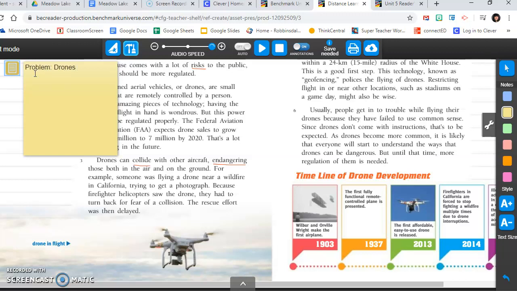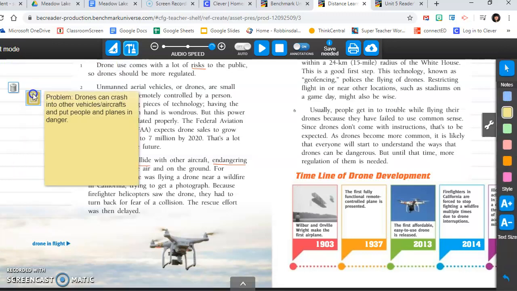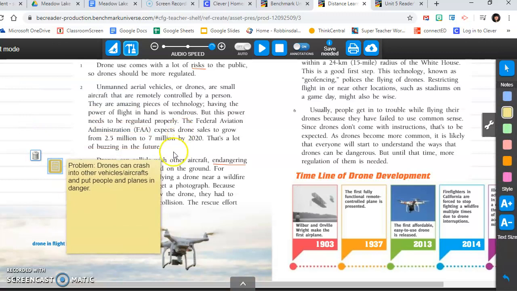Drones can crash into other vehicles/aircrafts and put people and planes in danger. That's kind of my own clarification summary of what paragraph 3 said. So I identified a problem. I'll click off and I'll move my Post-it down here where I can more easily see it.